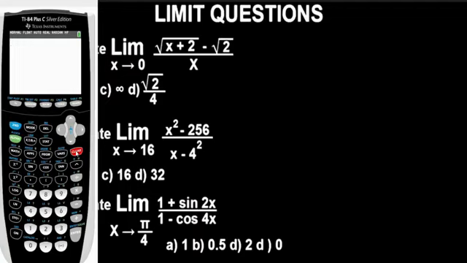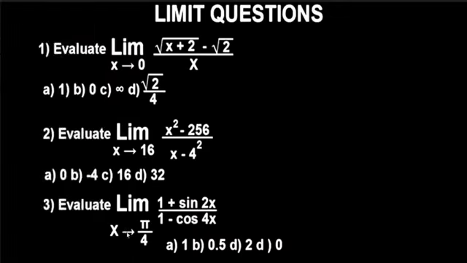But if it is tending to a value like pi that involves trig values, just like in this question 3, x is tending to pi over 4 and we're having trig identities involved, then if you solve it under degree, the results you will get will be wrong.